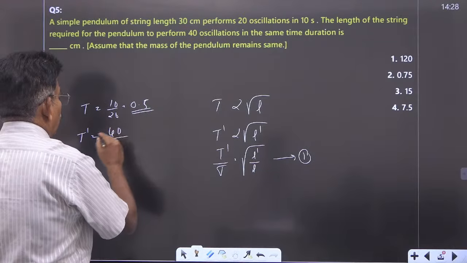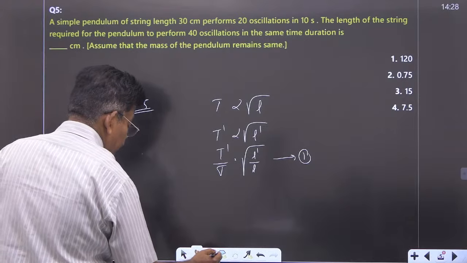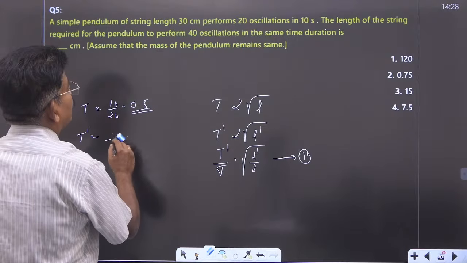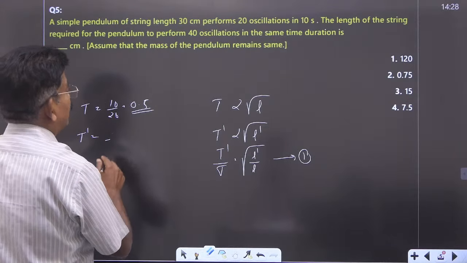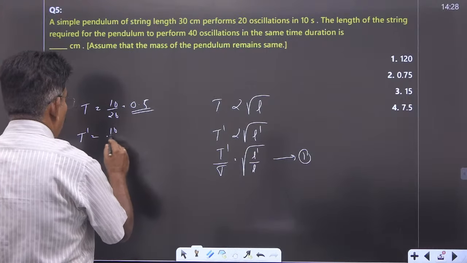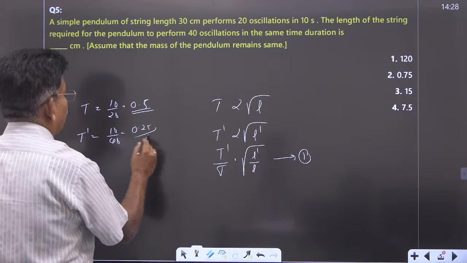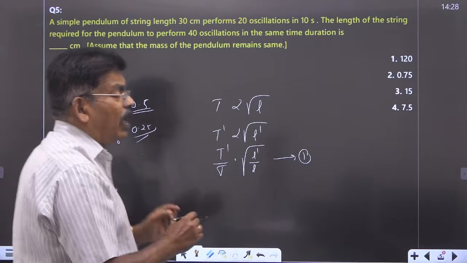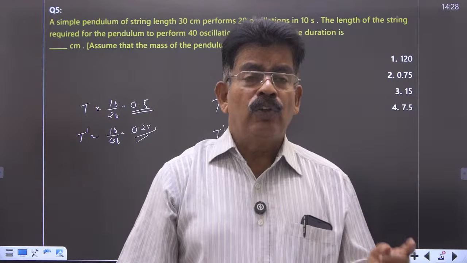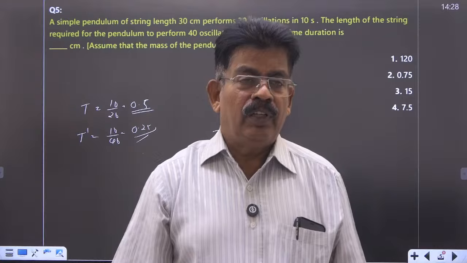For 40 oscillations, the time is still the same 10 seconds. That is 10 by 40, which comes to be 0.25. So we have to count the time period. Simple calculation: 20 oscillations, 10 seconds; 1 oscillation, that's the period, 10 by 20, that is 0.5.